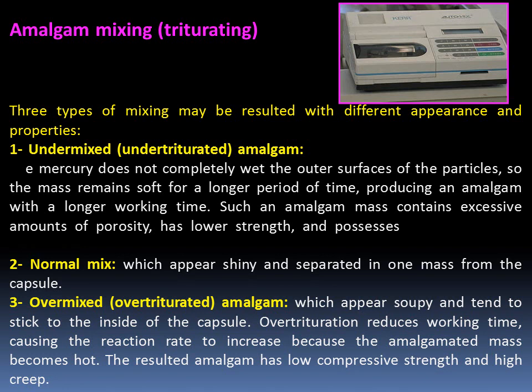The resulting amalgam has low compressive strength and high creep. Therefore, I should have a normal mix. A normal mix is very important to have good mechanical properties for the amalgam. And we can test the amalgamator by making one capsule to check the time I should use for mixing in order to get the normal mix for the amalgam restoration.